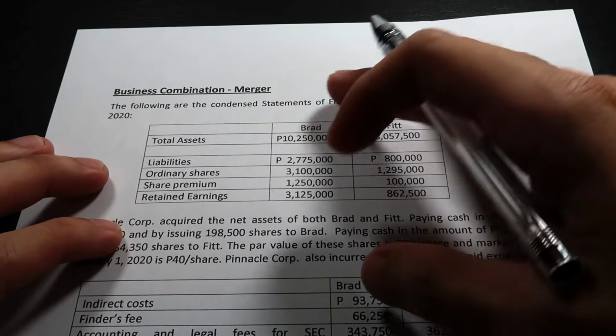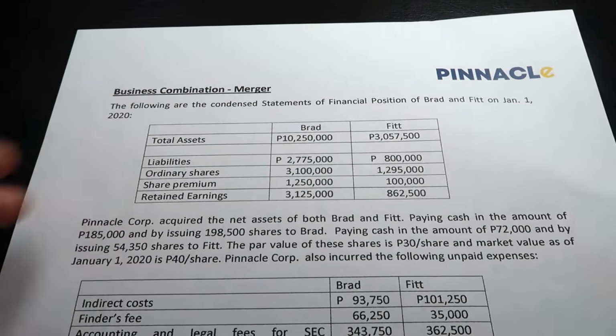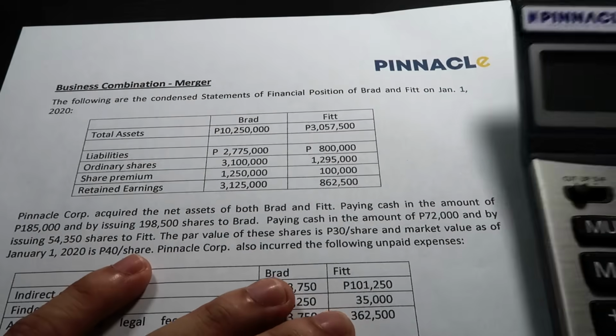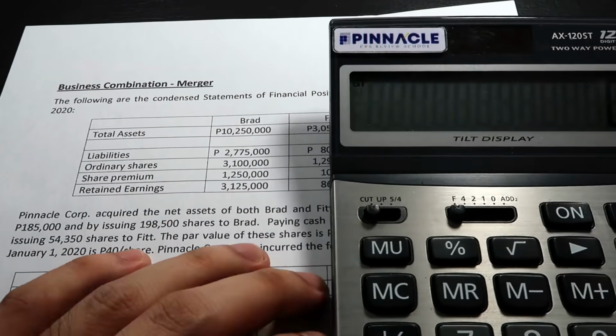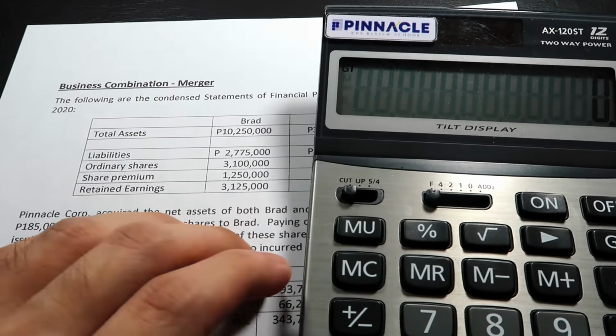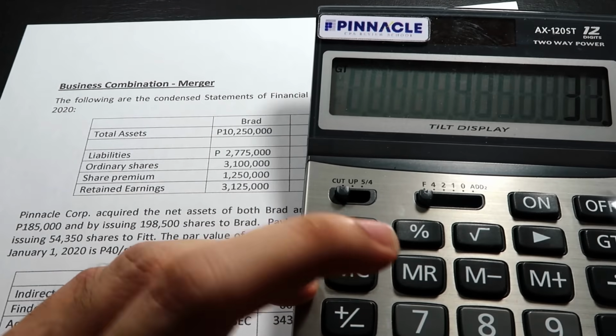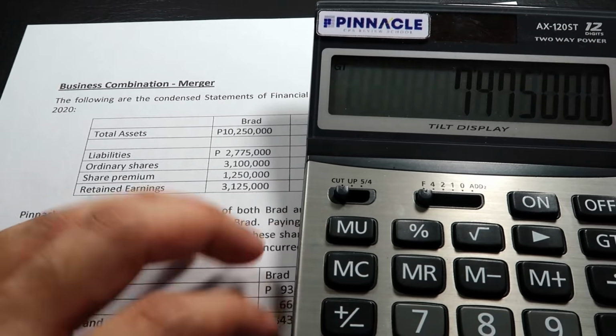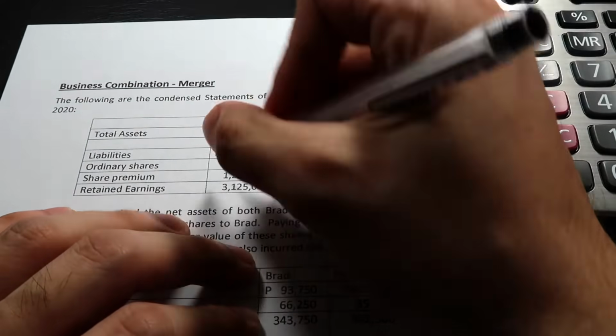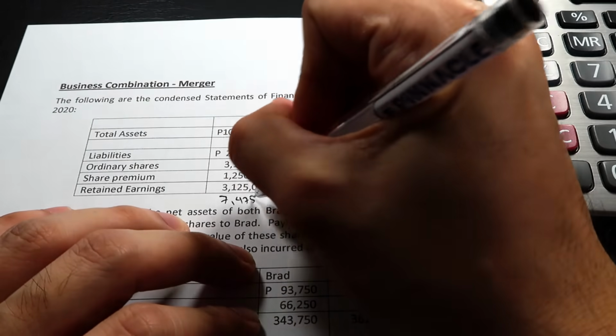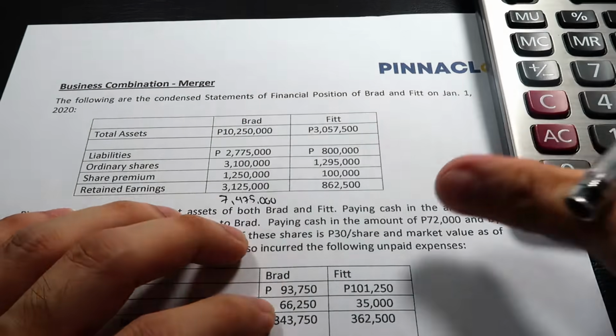Let's compute the total equity of Brad and Fit. Get your calculators. 3.1 million plus 1,250,000 plus 3,125,000. You get 7,475,000. That's the total equity of Brad.